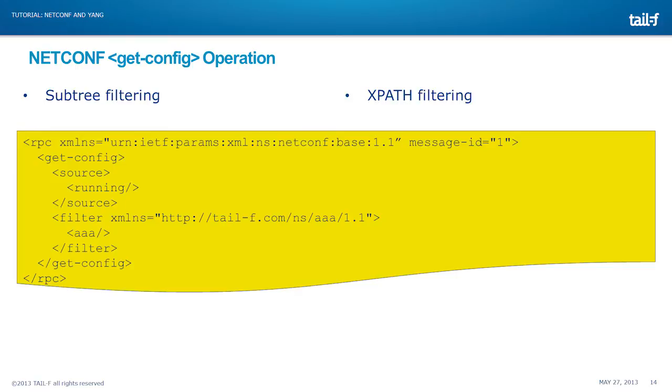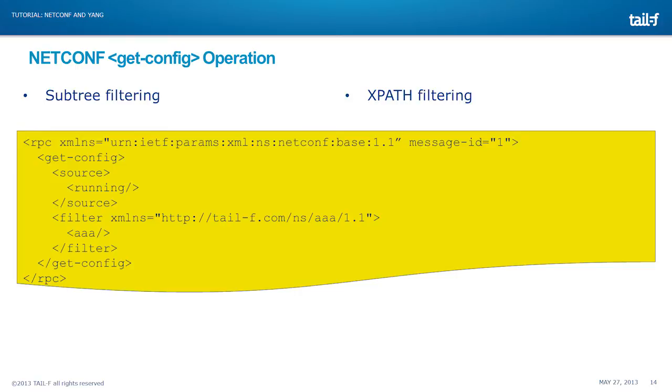Now here we see, after the source tag, we see the filter tag. This can be used to implement subtree filtering. In this case, the namespace specifier on the filter operation is referring to a data model in the device, which happens to be a AAA data model.